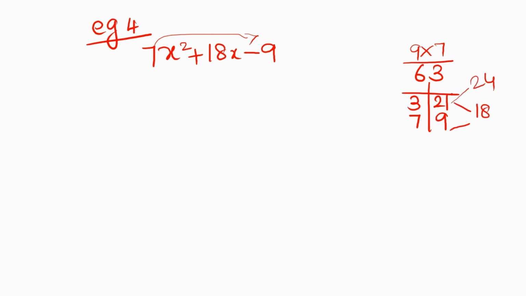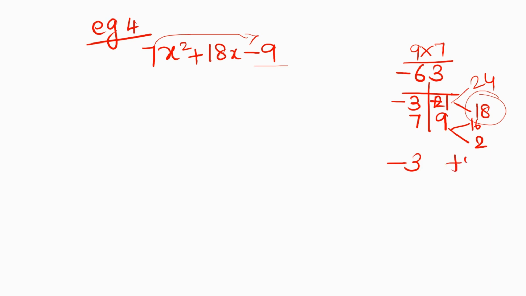So I have 18 there. Since it is plus 18, it will be plus 21 and minus 3. So now plus 21 and minus 3 are my values.